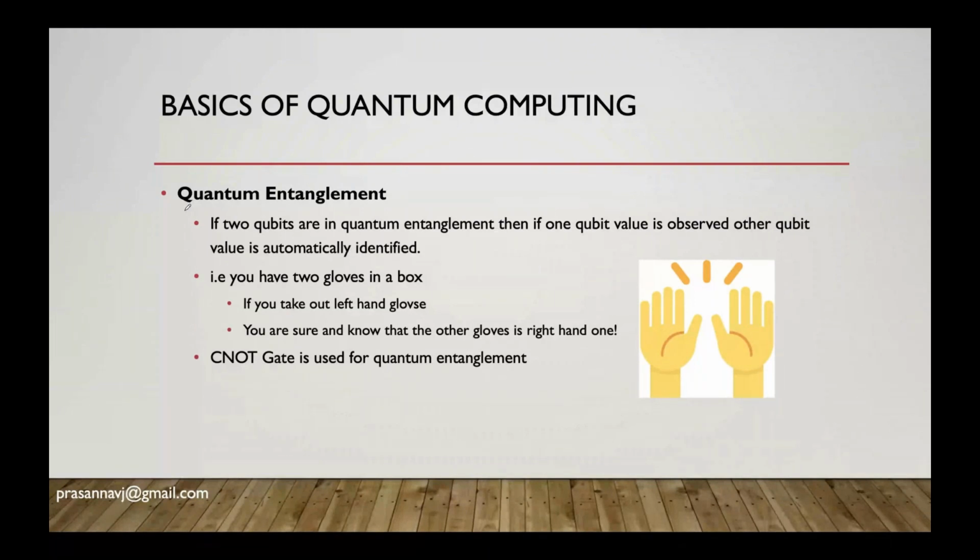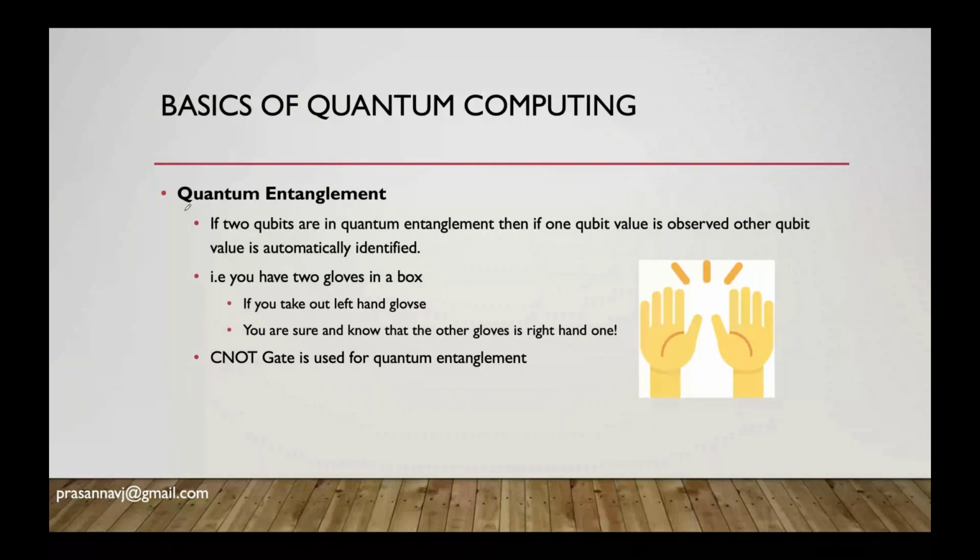Now you have taken out only one glove, but you know for sure what is available inside the box. You know that you already got the left hand glove, so obviously the other item in the box is a right hand glove. So that is exactly the concept of quantum entanglement.